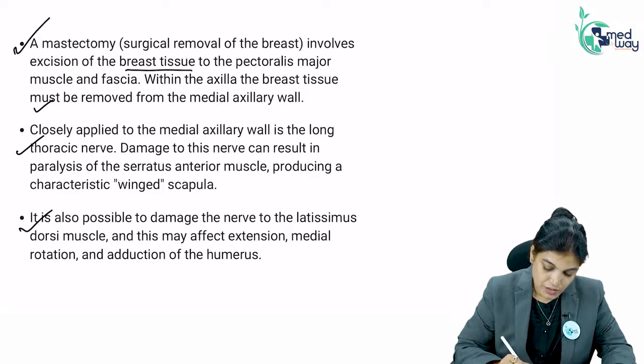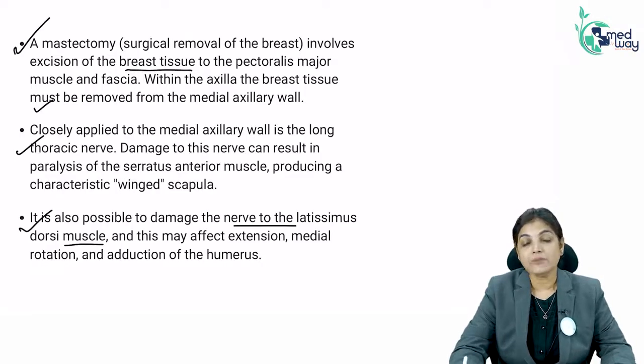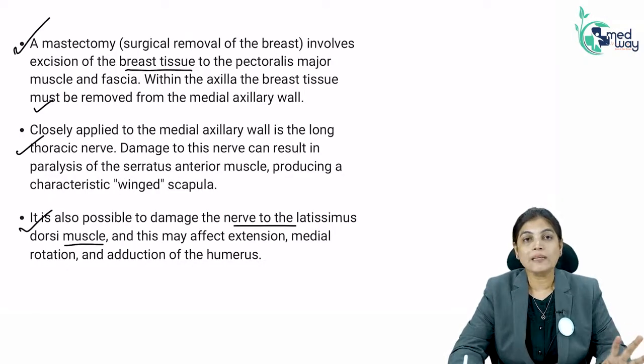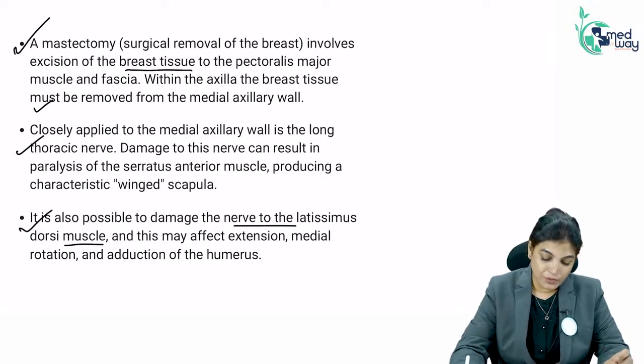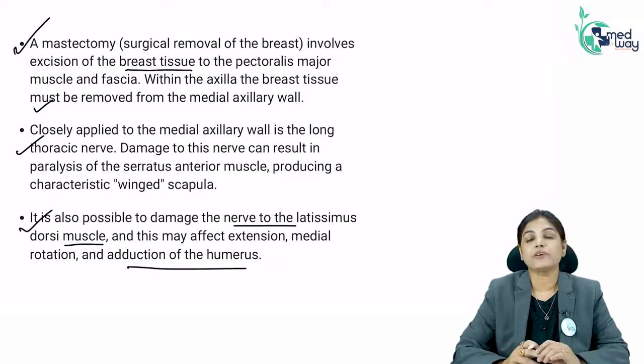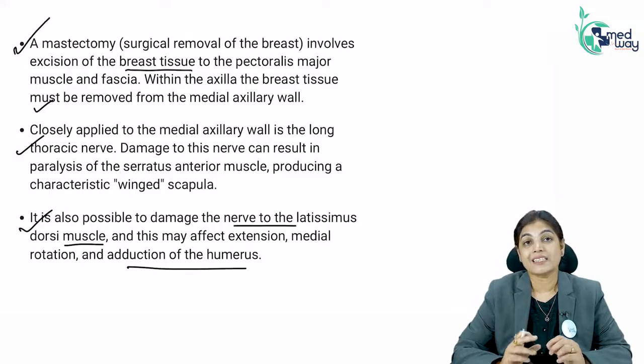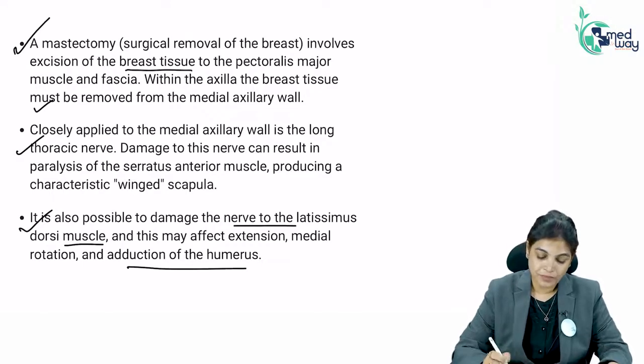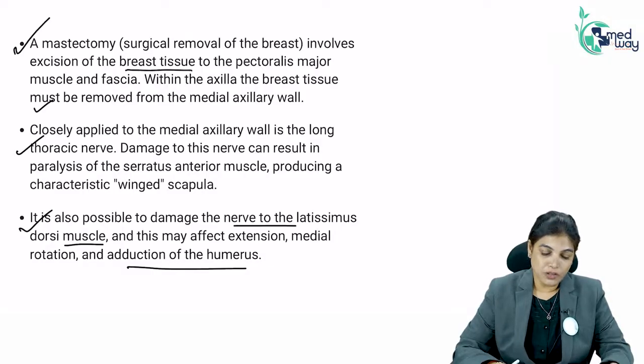It is also possible that the nerve to latissimus dorsi can be involved. Basically, the most common nerve injured is the long thoracic nerve. Involvement of the nerve to latissimus dorsi affects that muscle, whose action is extension, medial rotation, and adduction of the arm.